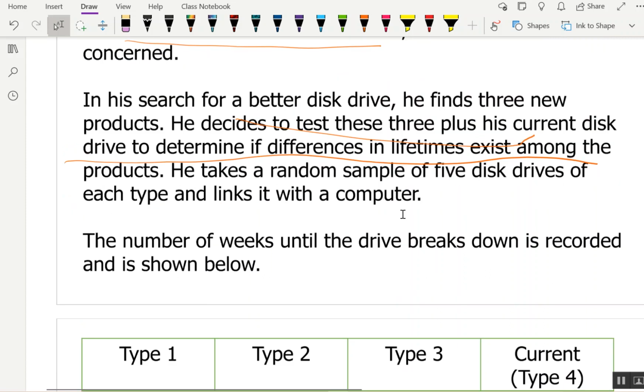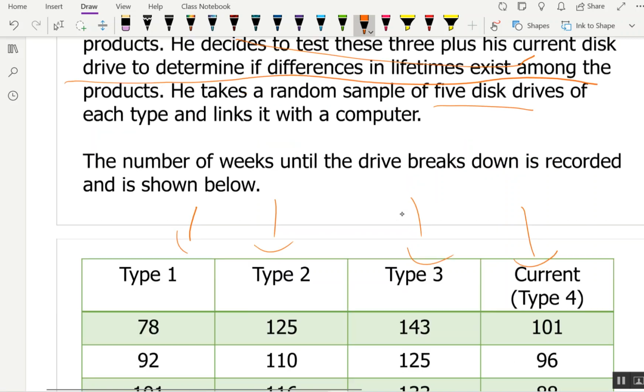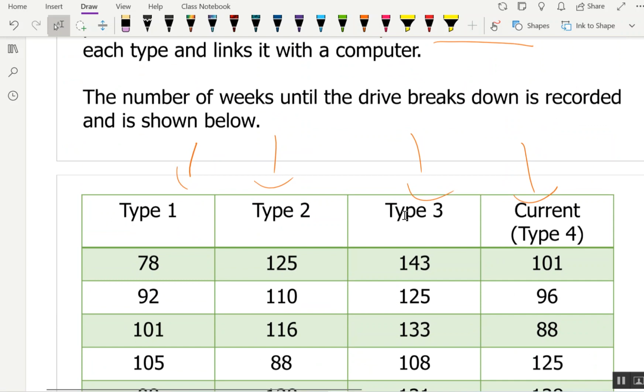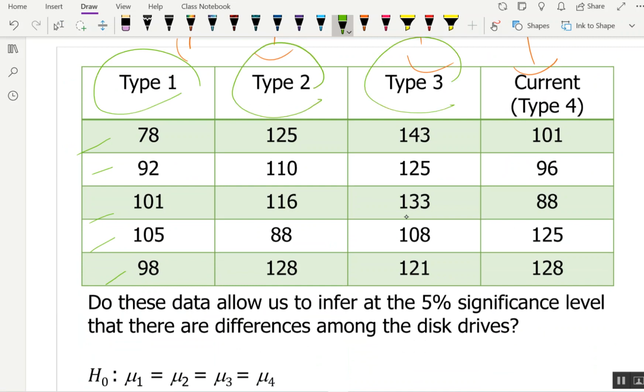He takes a random sample of 5 disk drives, which means that for all groups he takes the same n, which is 5, and links it with the computer. The number of weeks until the drive breaks down is recorded and shown below. So for this example, the n is similar because he takes 5 for each of these treatments, that 1, that 2, that 3, that 4.